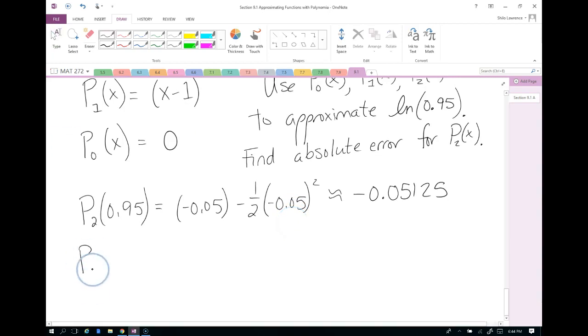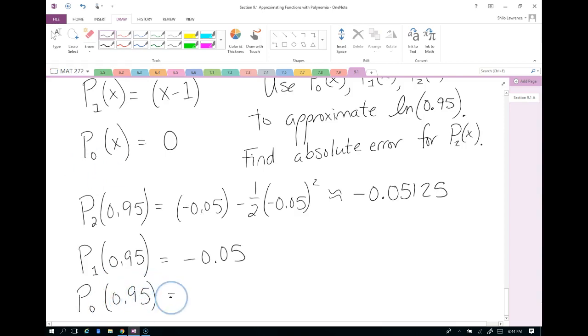If I plug it into just my first degree polynomial, then I'm just doing 0.95 minus 1, which is negative 0.05. If I plug it into my 0 degree polynomial, remember the 0 degree polynomial is always equal to 0.